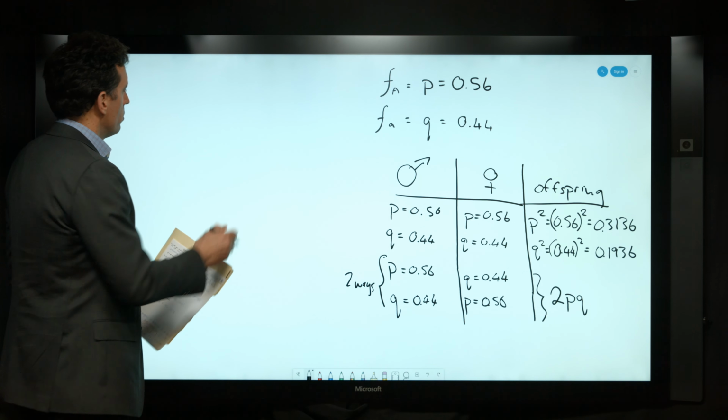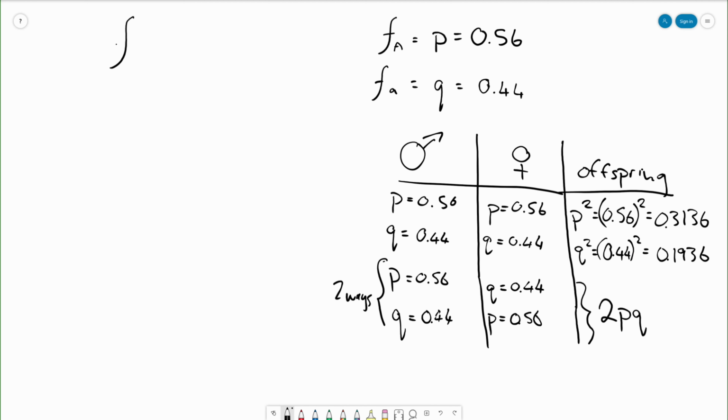And so, of course, those are going to be that the frequency of the big A genotype is going to occur with frequency p squared. The frequency of the little a genotype will occur with frequency q squared, and the frequency of the heterozygous genotype is going to occur with a probability of 2pq.